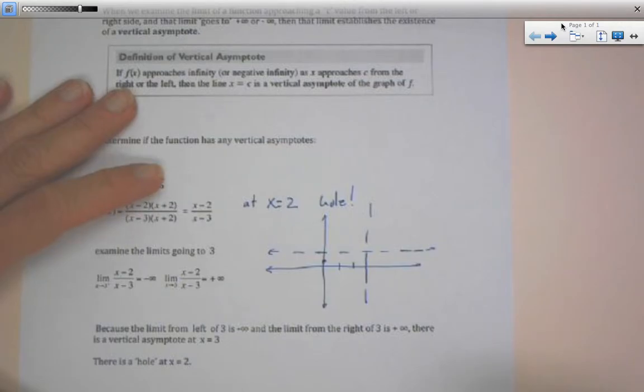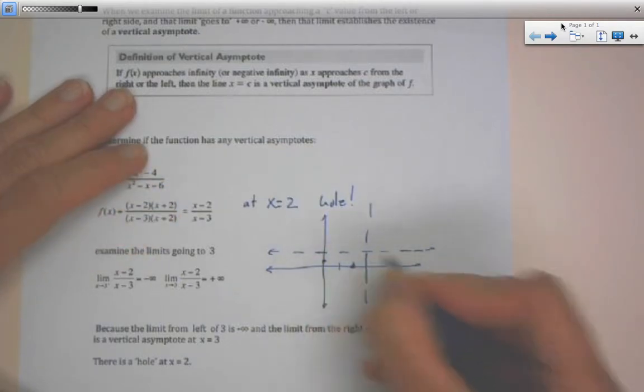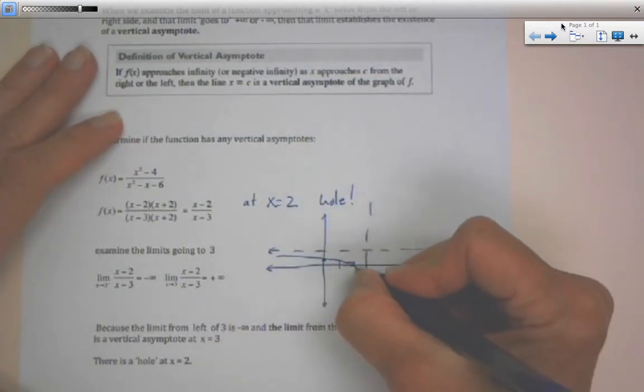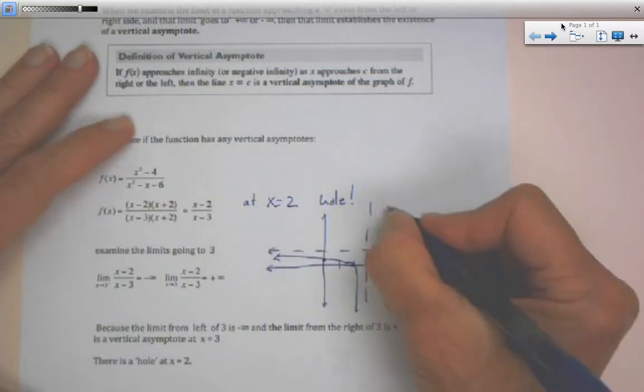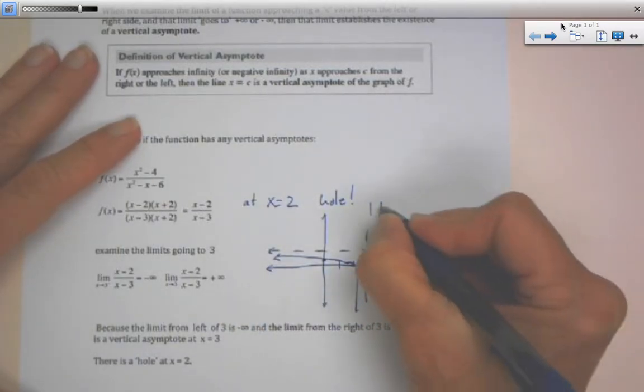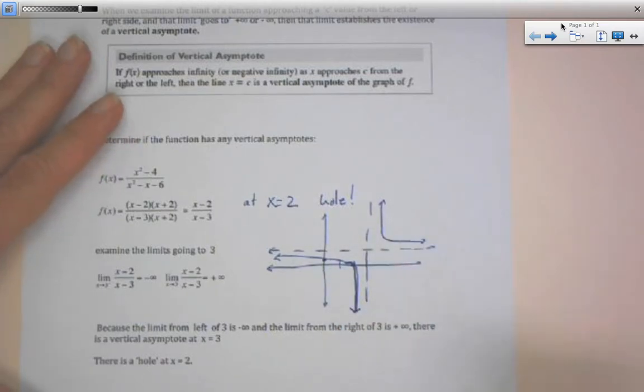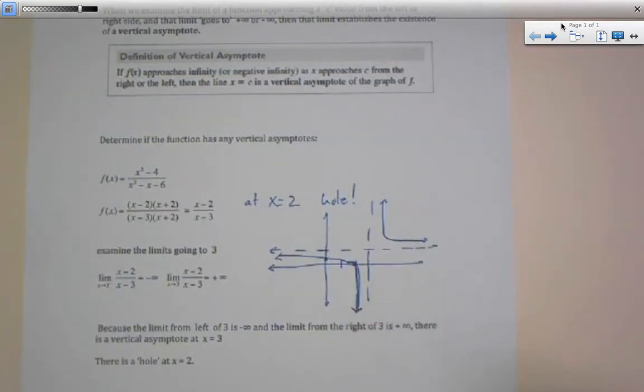And I have an x-intercept at 2. All right, so we know we can do a lot more things to determine how this graph is designated. In other words, we can get a sign chart and table of values. But just going off that information, it should take this shape.